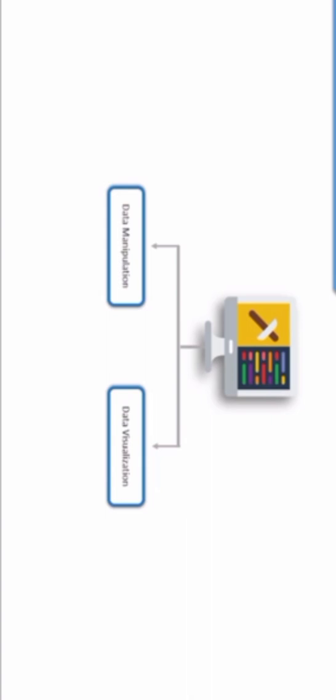Under exploratory data analysis or pre-processing, you have two main tasks, which are data manipulation and data visualization. So let's start off by understanding what exactly data manipulation is. Let me give you an example.